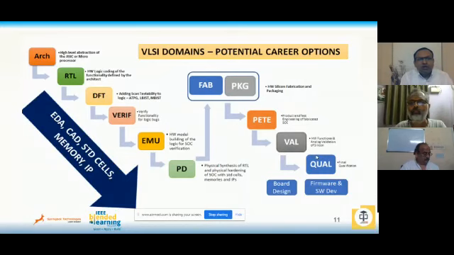I'll be talking about the foundational areas of the VLSI domains and how you could get an understanding of what these fields are about, and probably get yourself interested in one of them and try your luck with each of these functions or one of them, right?